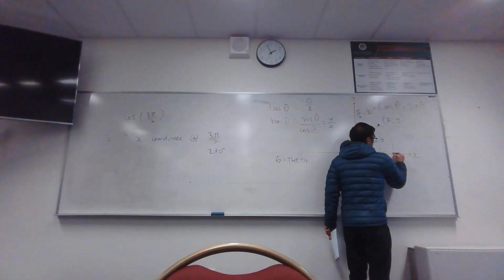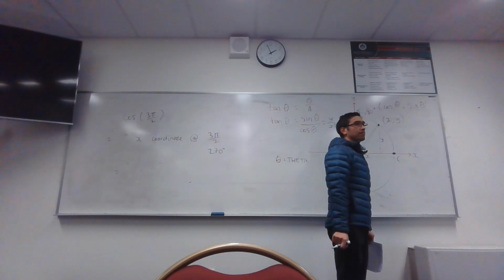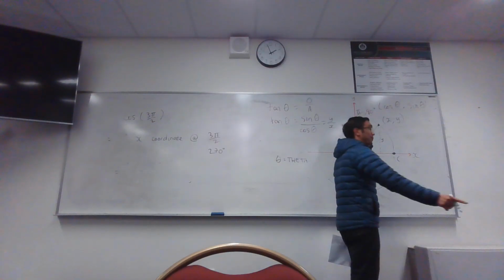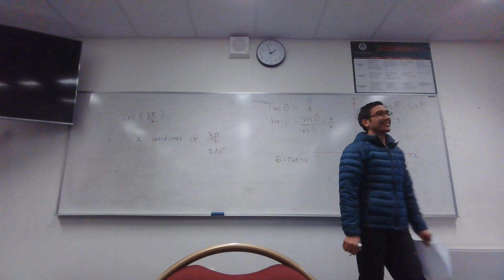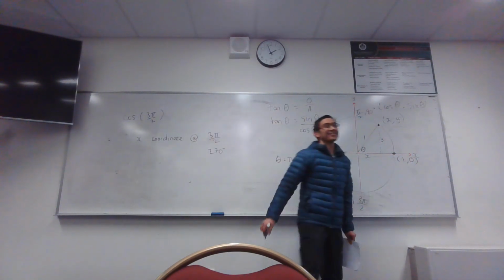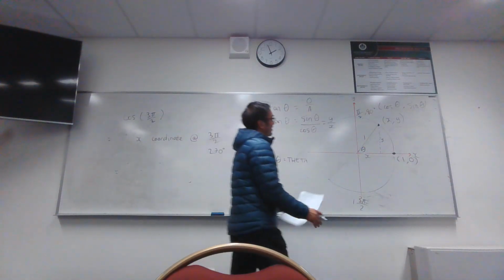I'll give you a clue now. This is a unit circle. Therefore, what's this coordinate here? 0. 360. Or 4 pi over 2. 1, 0. Oh, because it goes out 1. But it's on the 0 thing.